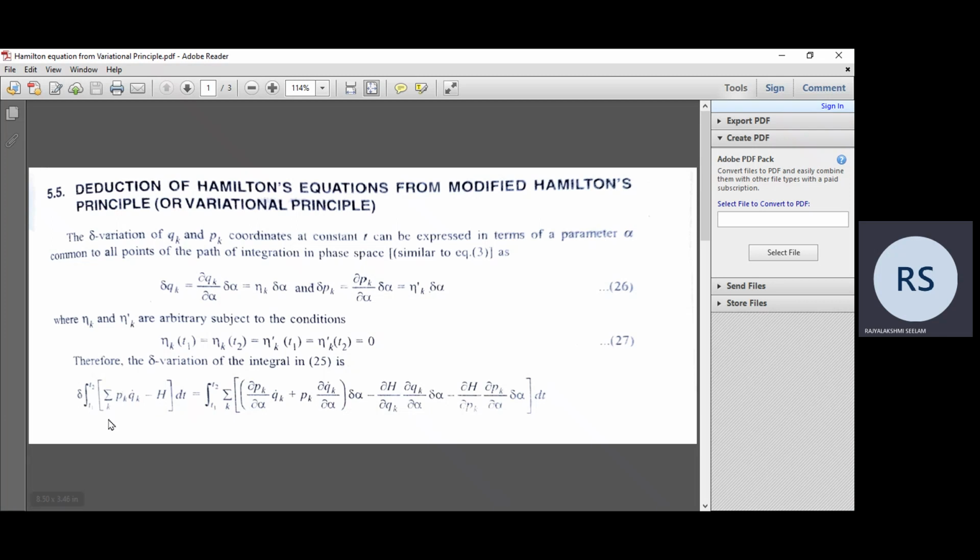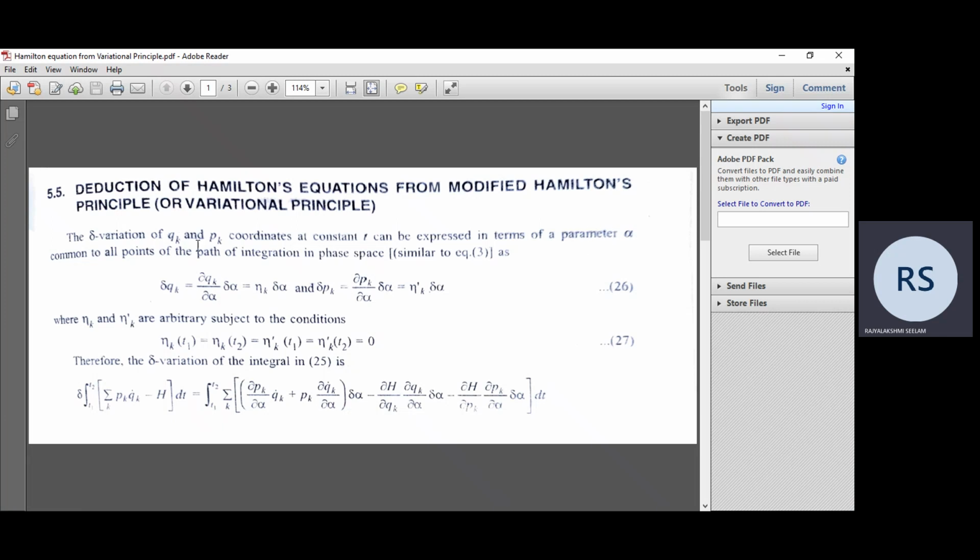We will expand this one. First let us expand by using delta of pk q dot k, and delta H we have to expand, and here we are expressing at constant time in terms of parameter alpha.